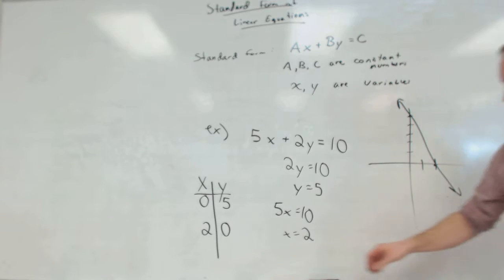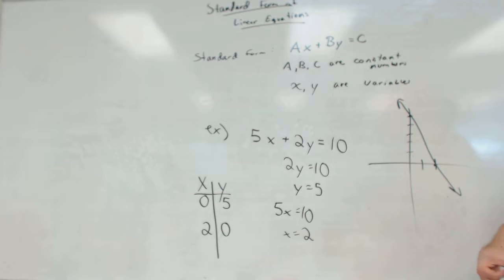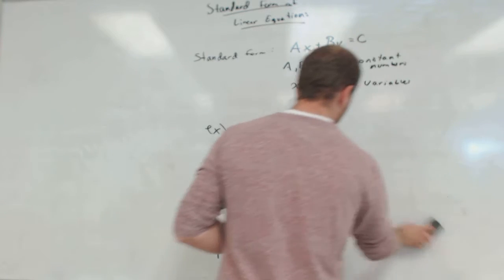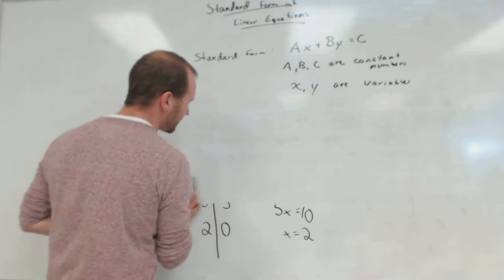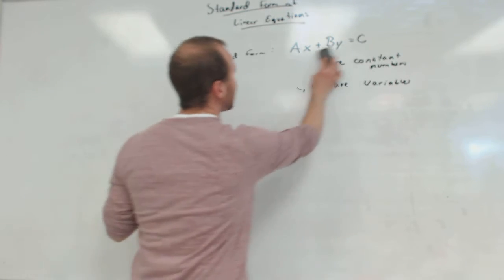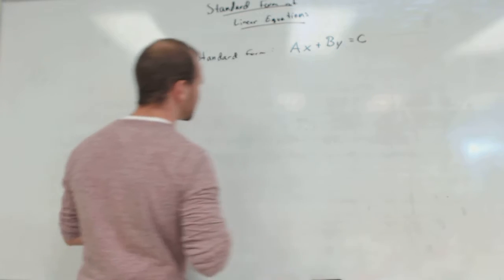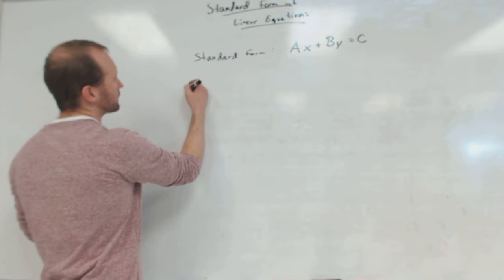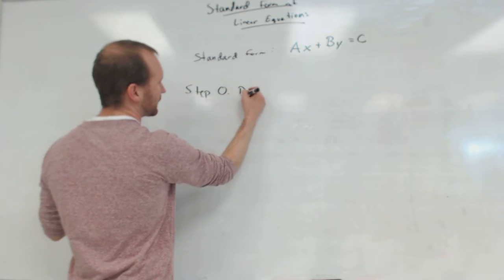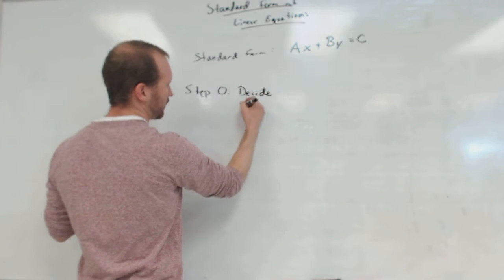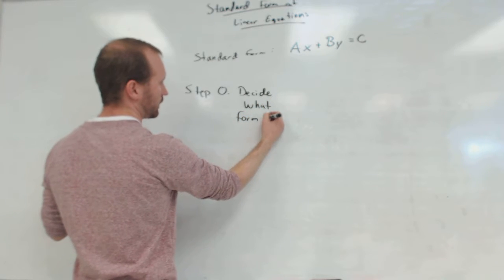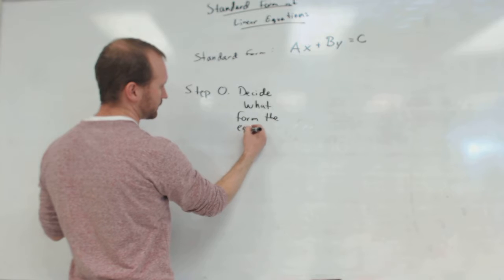So let's kind of draw this out into what the steps were that we just did. Right? The first step, like step 0, is to recognize whether we even have standard form. So step 0 is to decide what form the equation is in.